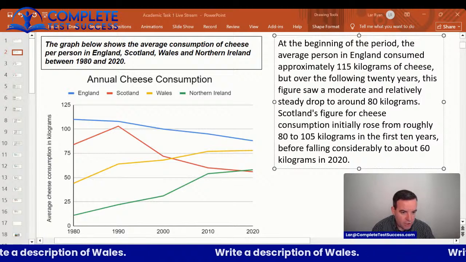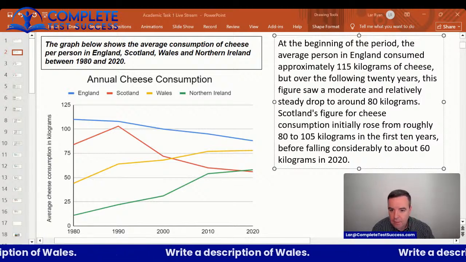Okay, so when you're ready there, share your descriptions of Wales.